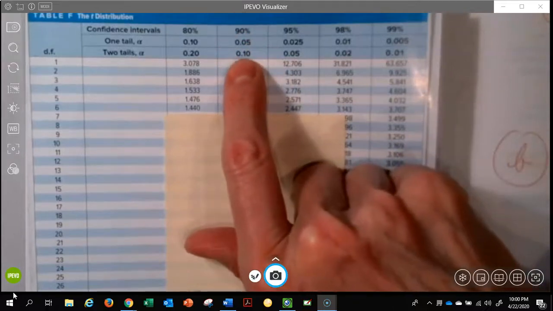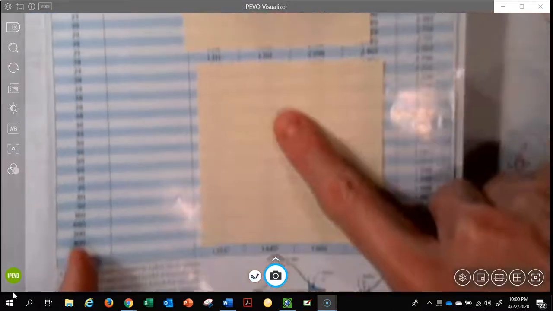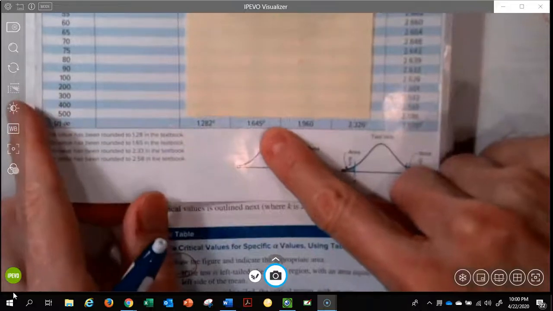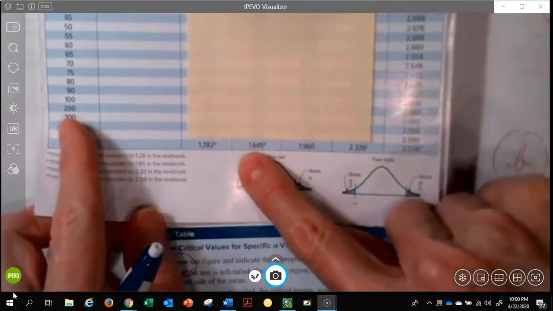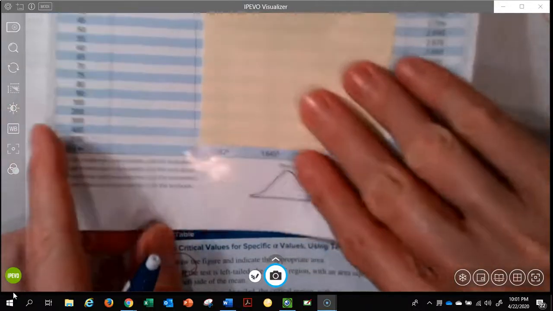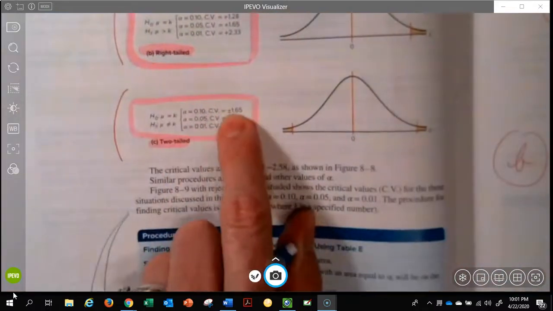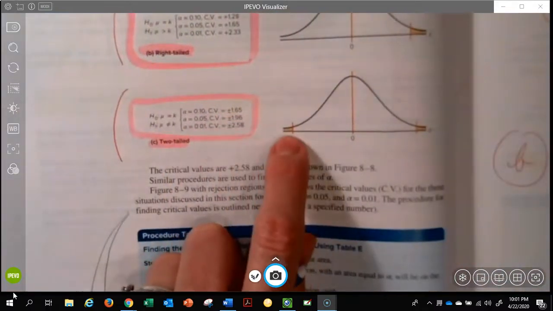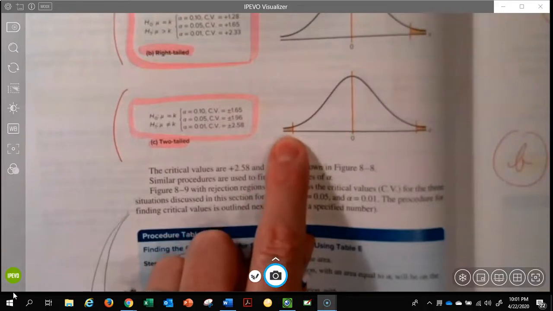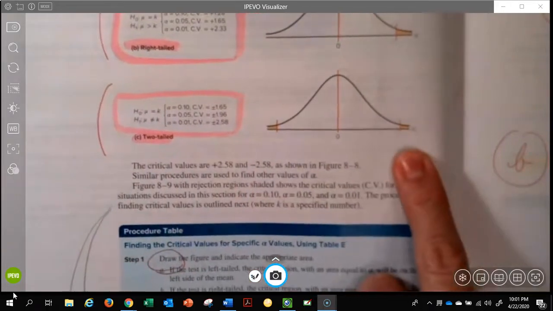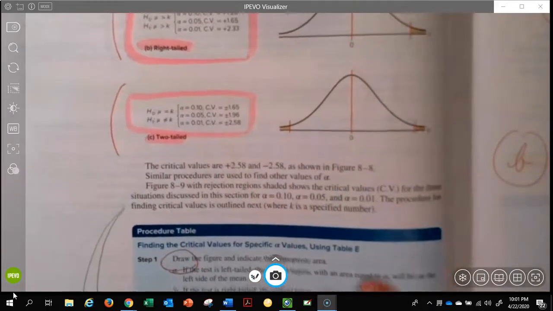I'm looking at a 10% alpha. And if I scroll all the way down to the bottom, it's a 1.65. And if you look right here, it says plus or minus because the one on the left is going to be our negative 1.65, and over here will be the positive 1.65.